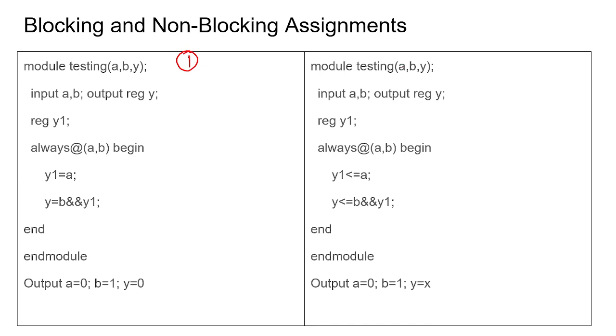Let this be the first code and this be the second code. Here I have used equal to and here I have used less than equal to. So which one will be the blocking and which one will be the non-blocking one?